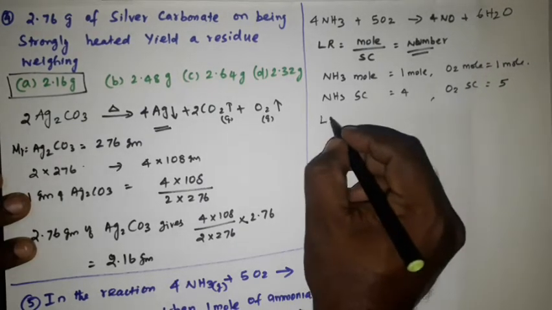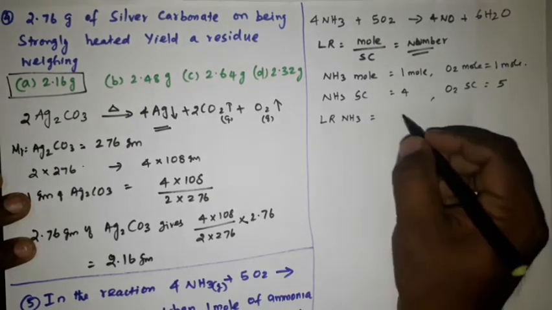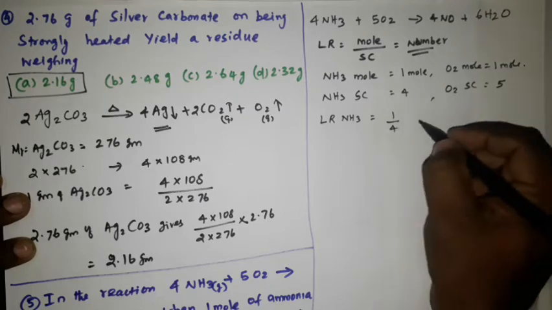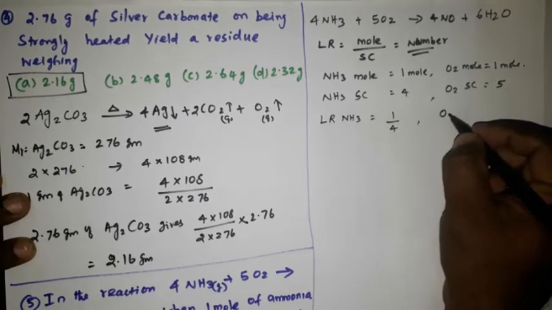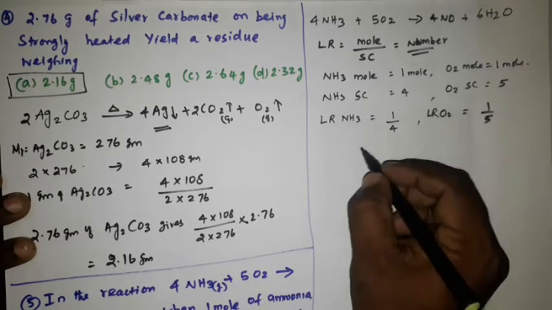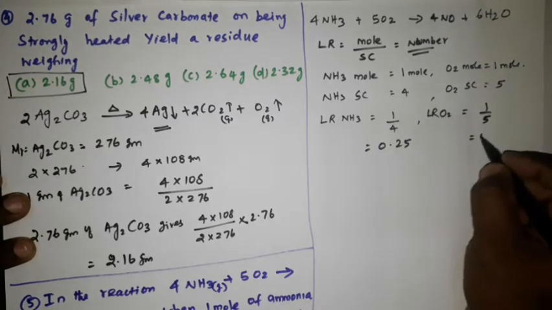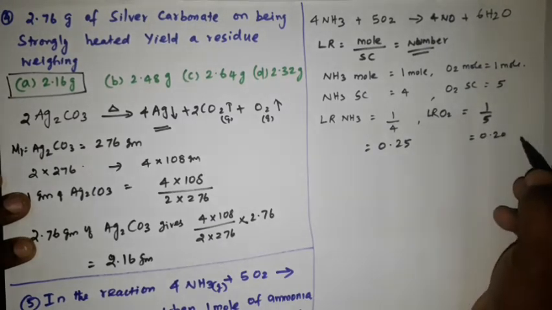So the limiting reagent value for NH3 equals 1 by 4, and for oxygen it is 1 by 5. Now calculate: this is 0.25 and this is 0.20. Okay, so which is lower?